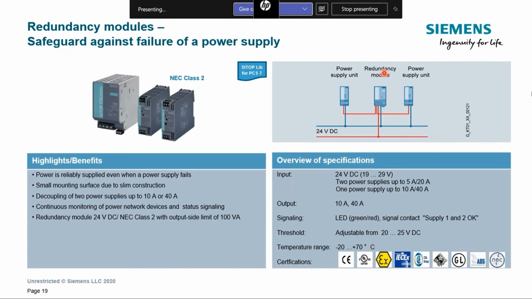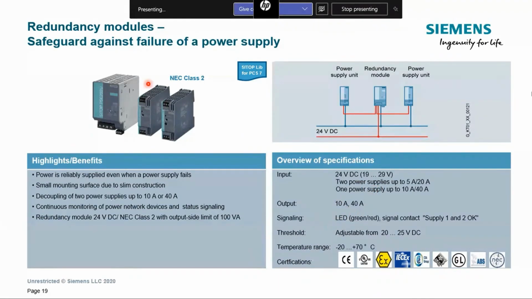So if one power supply fails, there is no interruption to the load. And we used to have two variants, one with 40 amps output, suitable for coupling two 20 amp power supplies, or we have the 10 amp version, which is suitable to couple two 5 amp power supplies.